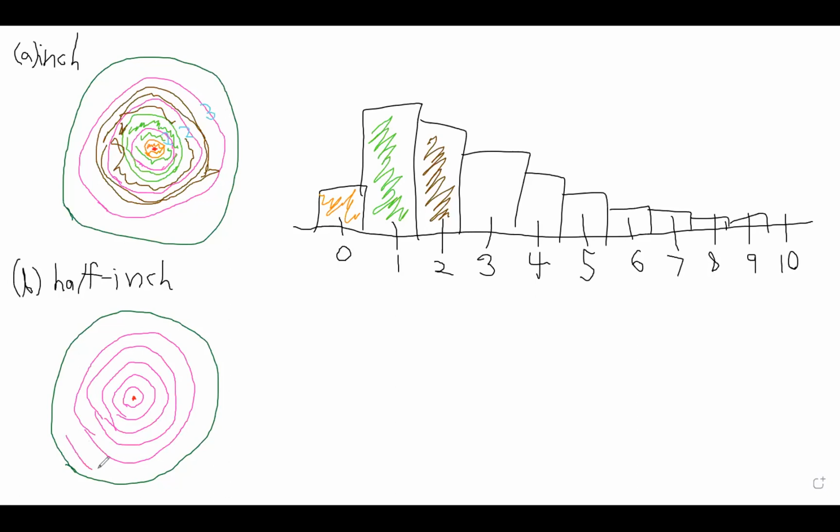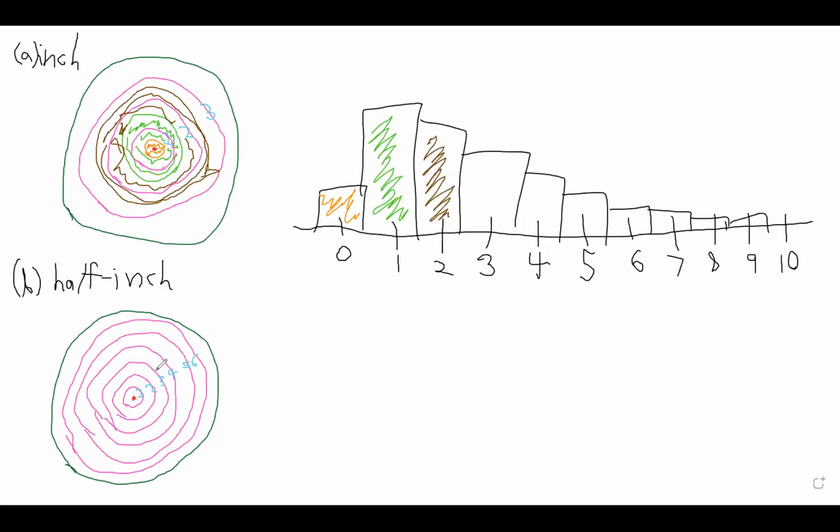This is 6.5 inches away, which means it's 3 inches away. Okay. And so now the numbers are representing the number of half inches. So this would be 1.5 inch away, 2.5 inches away, 3.5 inches away, 4.5 inches away, 5.5 inches away, 6.5 inches away.